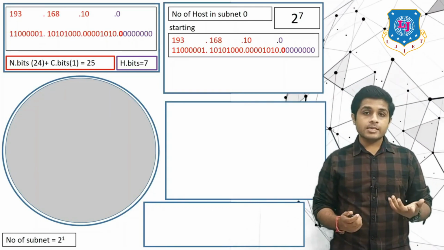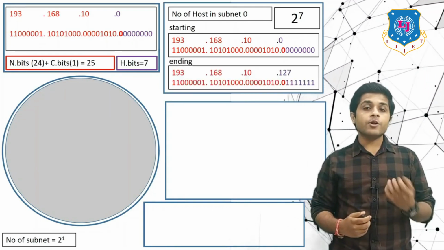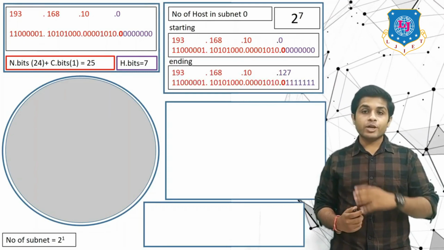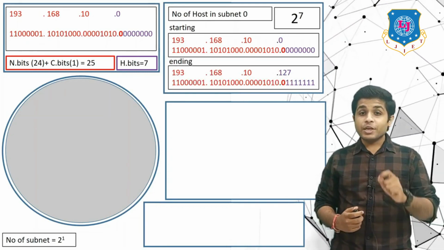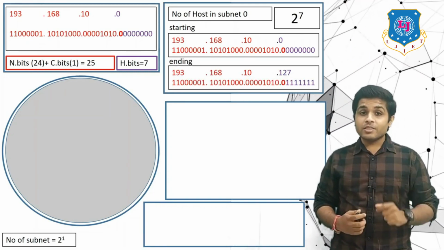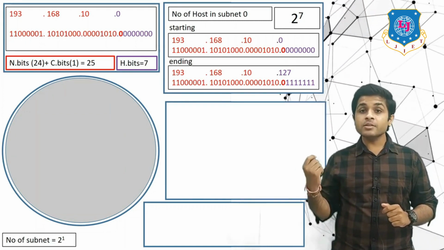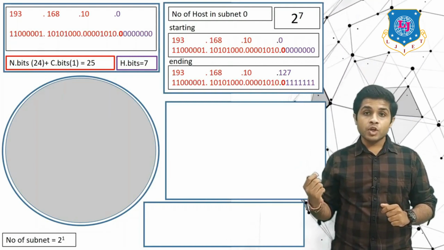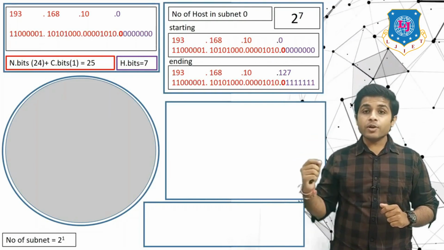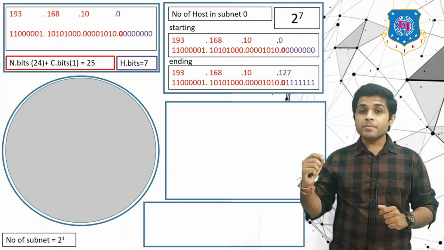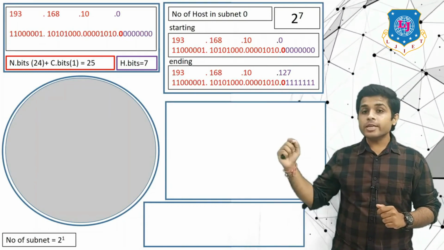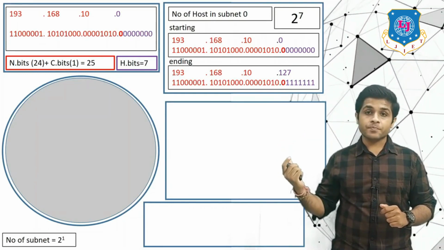So let's set, and you will get 193.168.10.127. If you notice, the converted bit is not changed in one subnet. So in one particular subnet, you have to remember that the converted bit does not change.